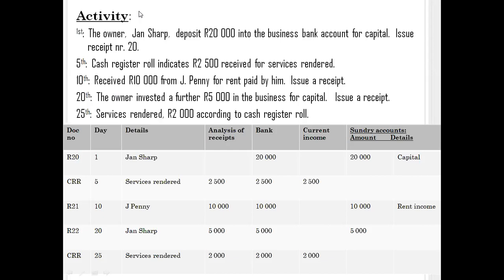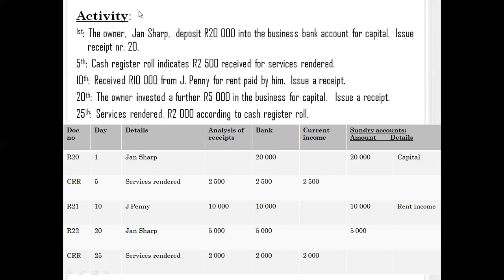And now I want you guys to take an overall scan of that CRJ that you see there in front of you. Every time that it is a capital transaction or a rent income transaction, it will go with sundry accounts. If it is a services rendered transaction, look there with details. Every time you have written services rendered, the amount will be in current income. Then be careful with the capital one.